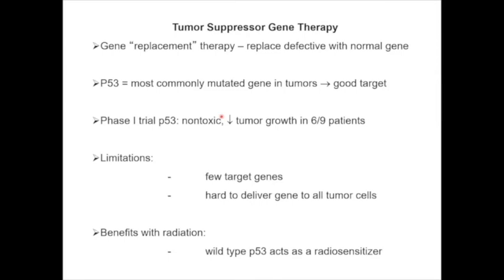There was tumor suppressor gene therapy, where the idea was that you give wild type P53 to cells that are already deficient in P53, and you get radiosensitizer function. The problem was this was only going to work for those that have a mutant P53, not those that have, say, a virus that suppresses P53. In the end, it did work in a phase 1 clinical trial where it inhibited tumor growth, but not enough to change clinical outcome. And so that was sort of put down the tubes as well.